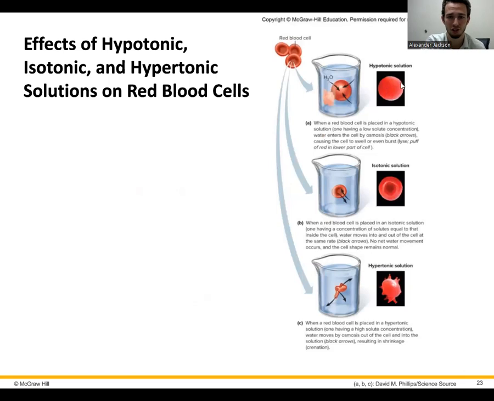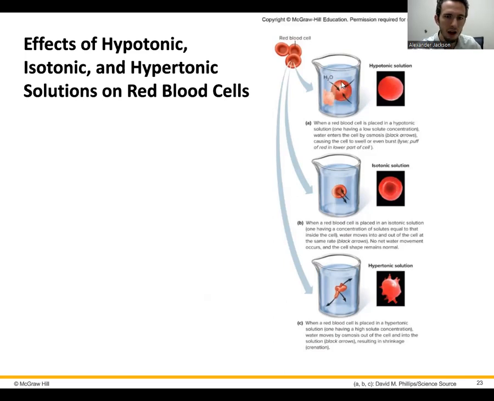You've probably heard of these solutions before: hypo, hyper, and isotonic solutions. This just means that water is going to either move out, stay the same, or move into the cell depending on where there's less water. So hypotonic solution. This means there's a lot of water on the outside of the cell, and less water inside of the cell.